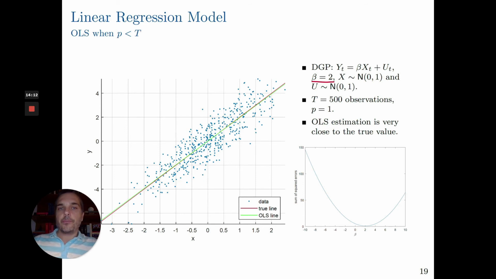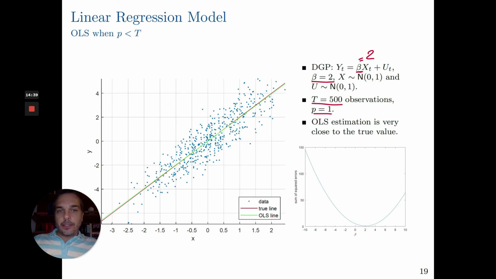Same for U. We have 500 observations, P equals 1. Okay? So dots here represent the data. The red line represents the true regression line with beta equals 2. And the green line is the estimator of this regression, the OLS estimator.